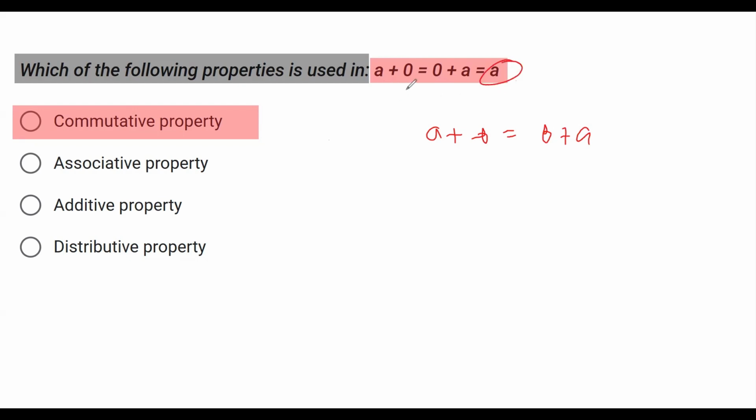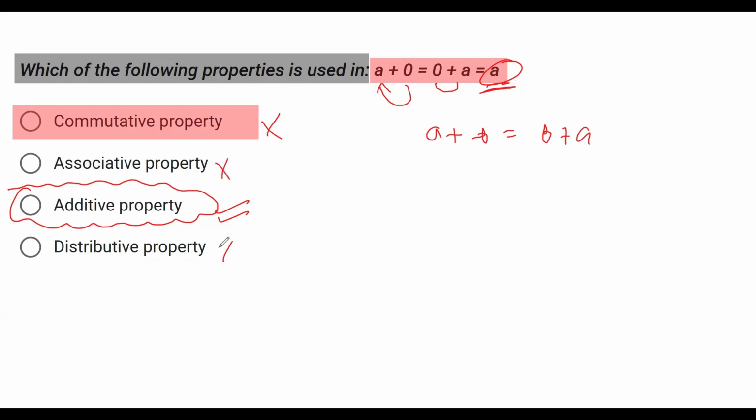What we know is that when 0 is added to any number, the number itself is the result. That means 0 is an additive identity. That's why we say it's an additive property. So the others are definitely not correct. Confusion comes between these two. It's not a commutative property; instead, it is additive.